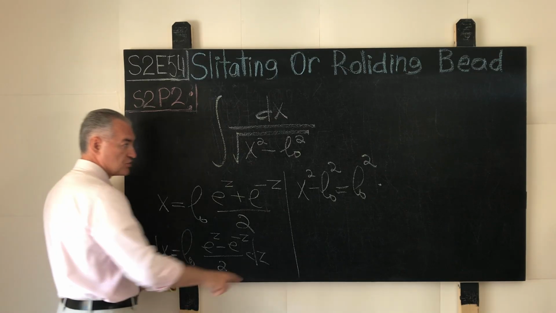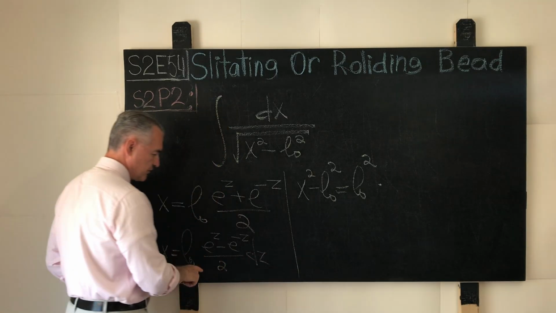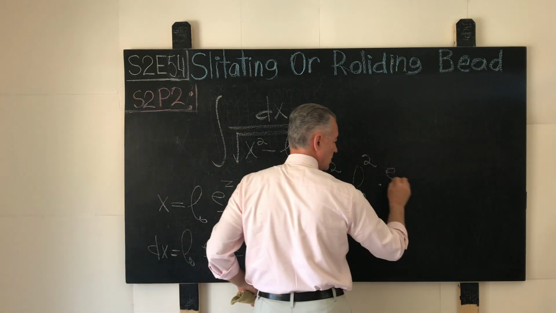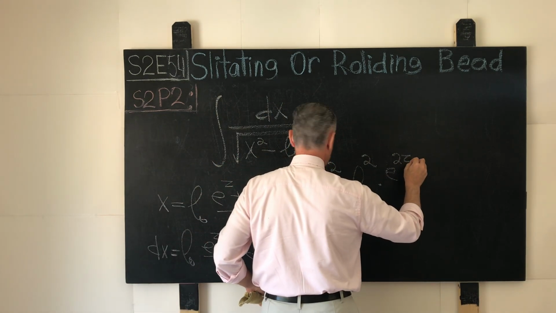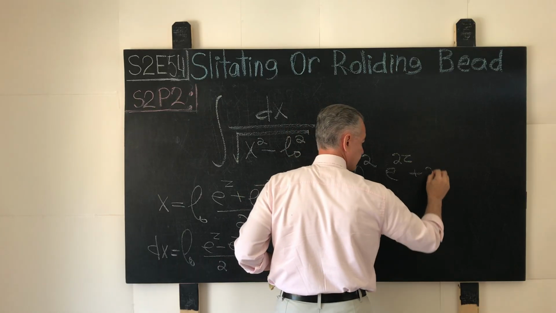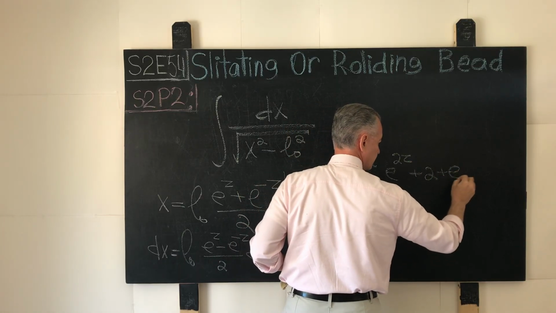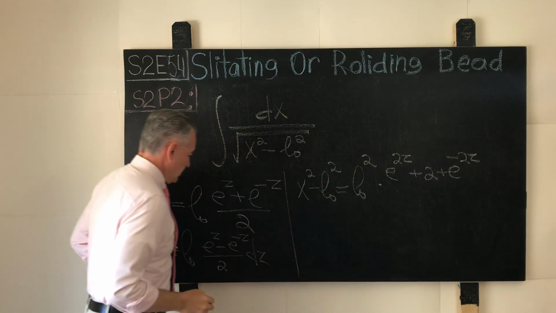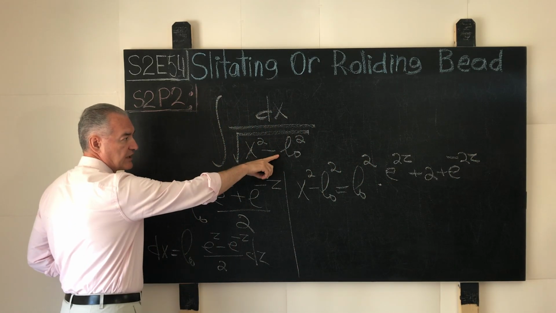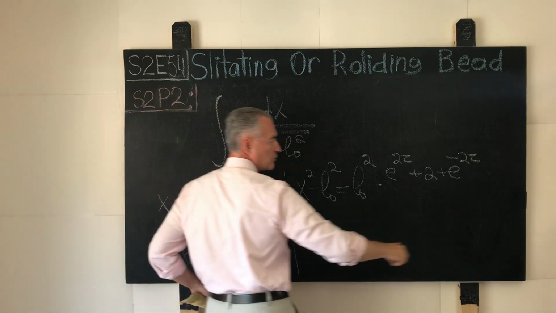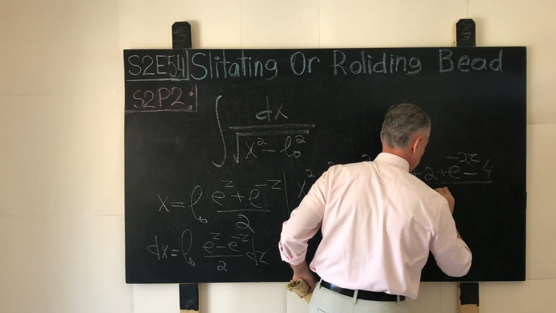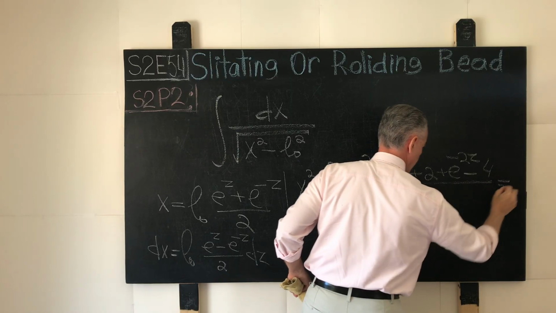So here, when we construct the difference of squares, what will we have? We will have e to the power twice z plus 2 plus e to the power minus twice z. Here we have a negative sign, so we will have minus 4, and that whole thing is divided by 4. And what do we see?